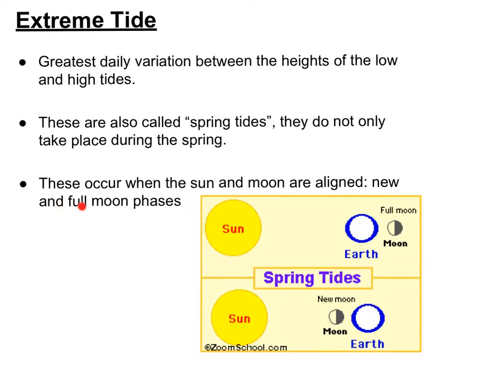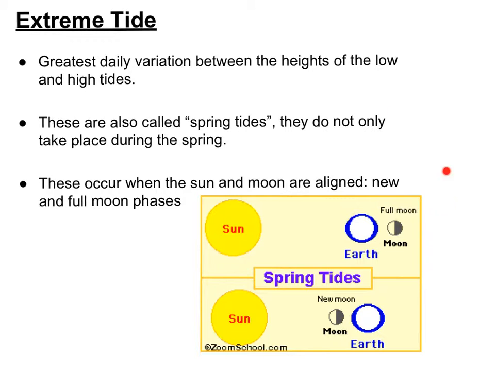These occur actually when the sun and moon are aligned, and that would be during the new and full moon phases. We have a great picture here on the right bottom hand side. Here's our sun and the earth and our moon. So in this case, the sun and moon are aligned, and they're in the full moon phase.